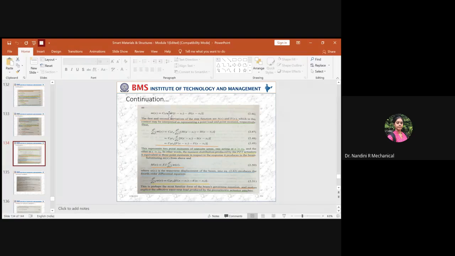Again, this step function has to be differentiated twice. The capacitance value always remains the same, constant. It is not affected by the variable, and hence this is a constant. And I told you that even the free strain will not be affected in any way with respect to the bending of either compression or tension. Hence the free strain of the piezo element also is a constant.